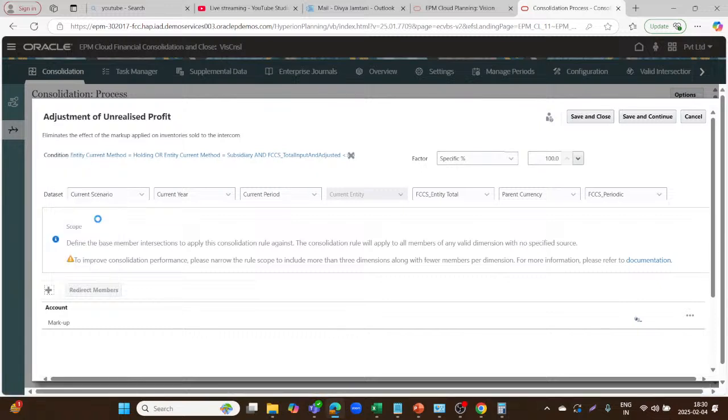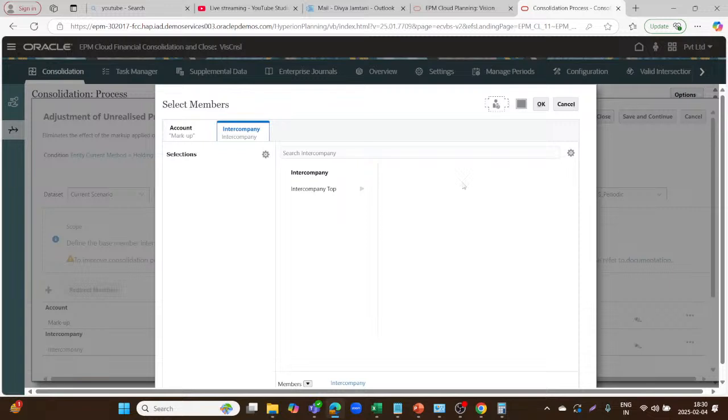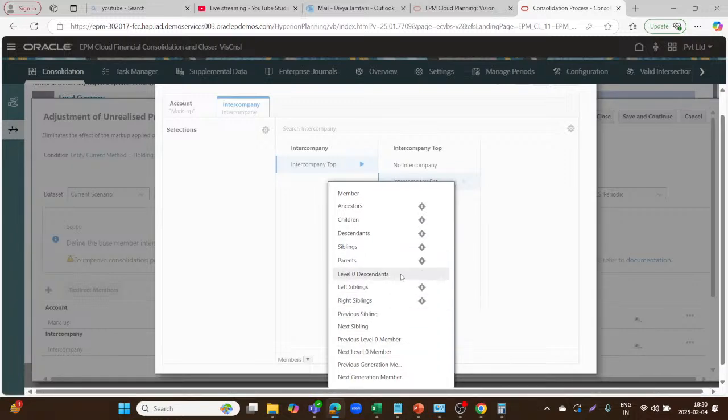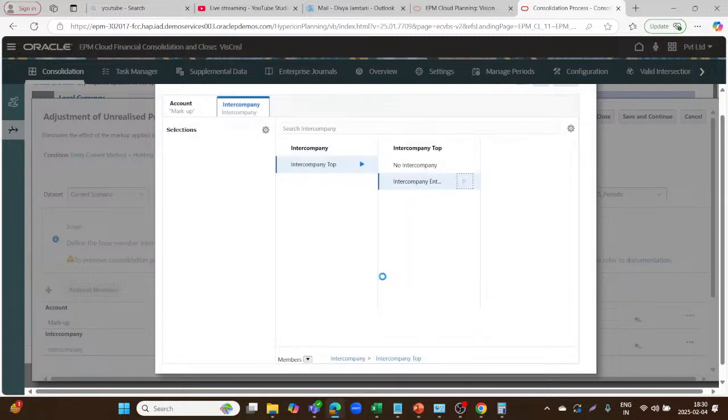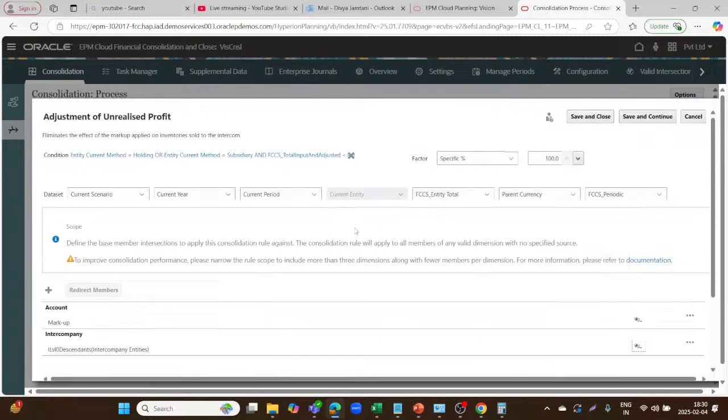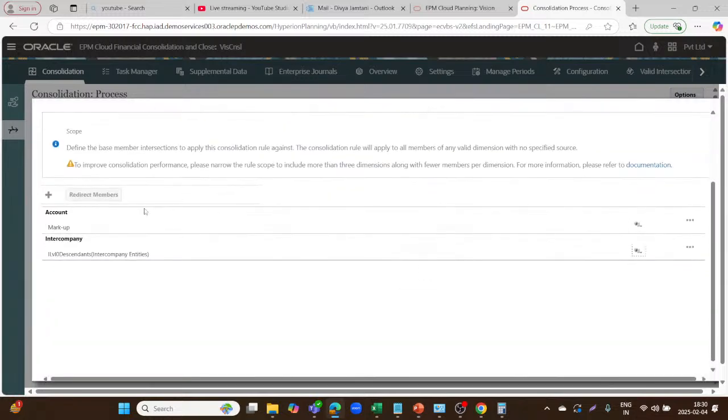Second, I will take the intercompany dimension, where I'll pick all the level 0 intercompany entities. So from the function you can pick level 0 descendants. Then I'll pick the third dimension as my movement.